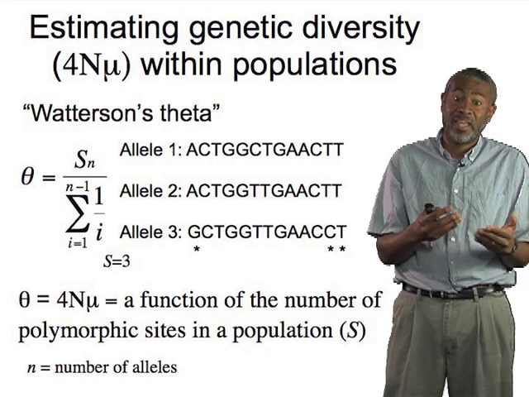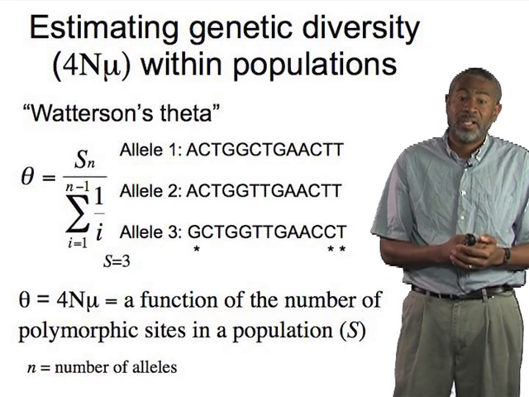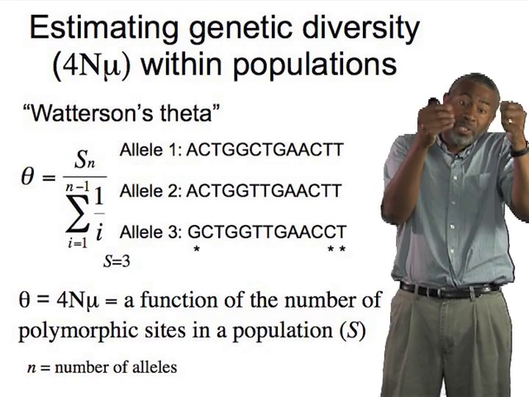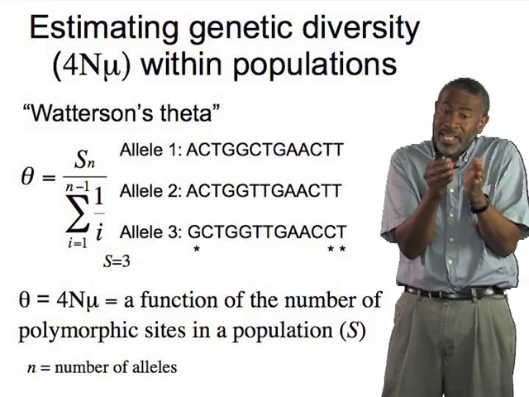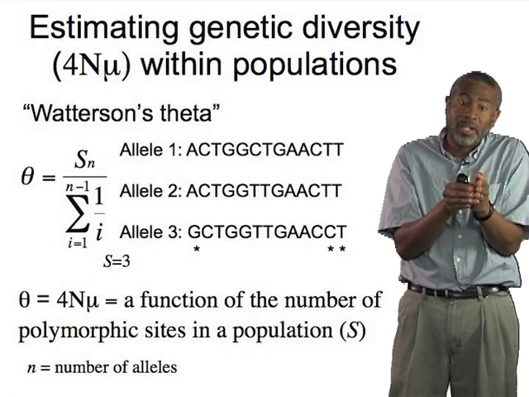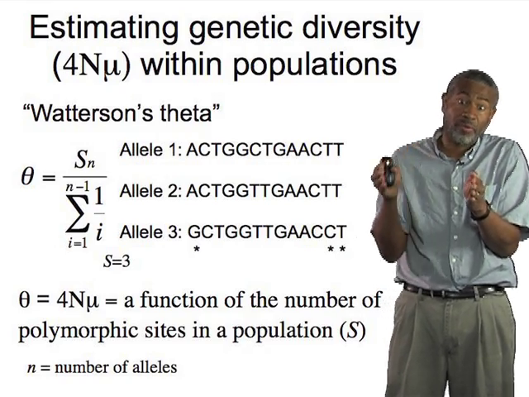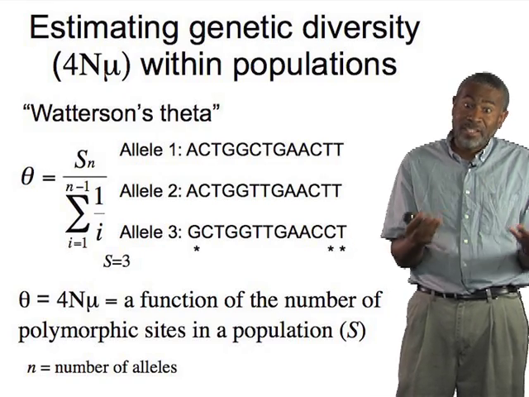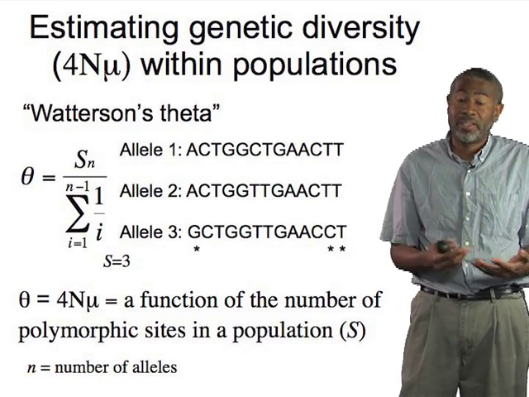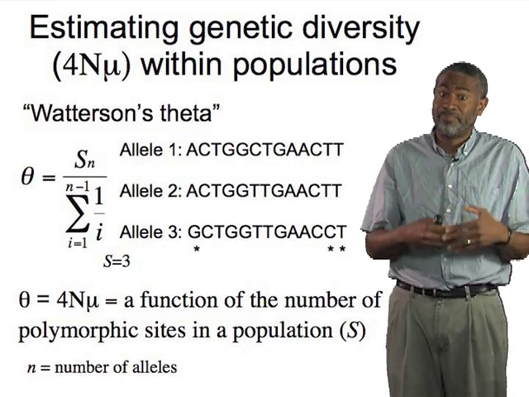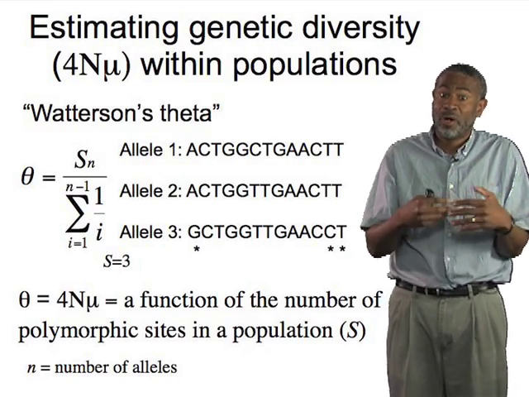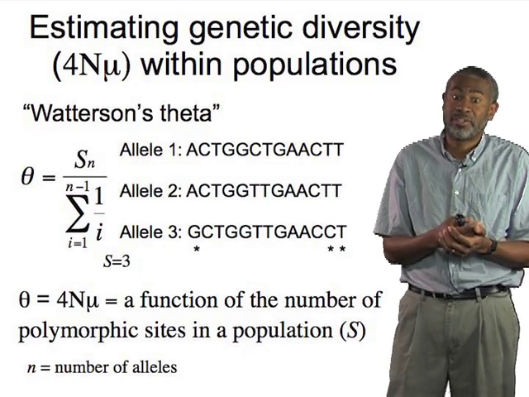In our case, n is 3. So we're going to simply divide 3 by this expansion of 1 over 1 plus 1 over 2 plus 1 over 3. And that's a very simple way of measuring this population mutation rate, which was developed by Watterson and is also called Watterson's theta.